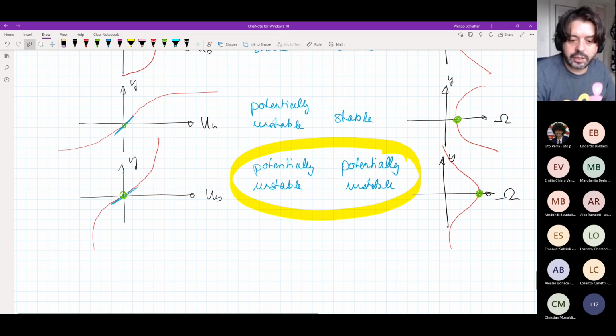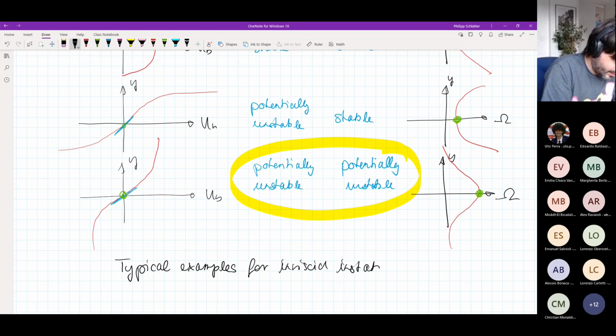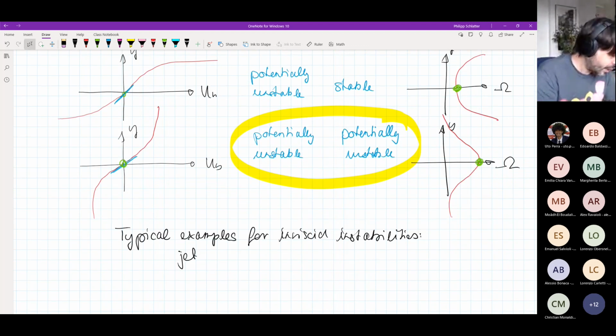And of course, we mentioned this before, that this corresponds to what we would have in a jet. So we can essentially conclude that typical examples for inviscid instabilities are exactly jet flows, where we have this type of shape close to the sides of a jet.